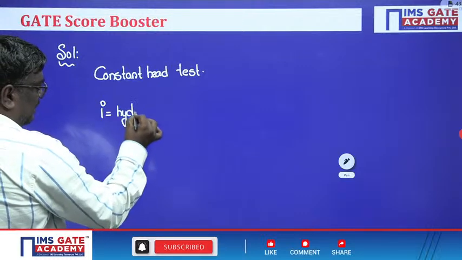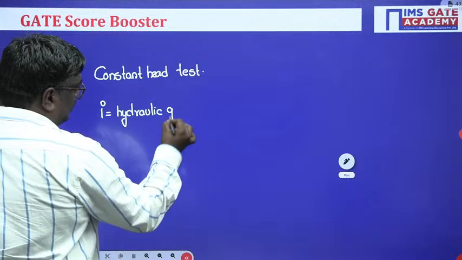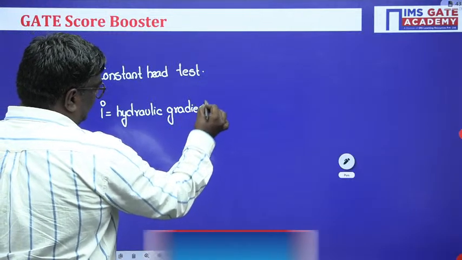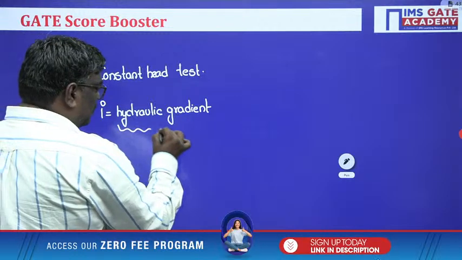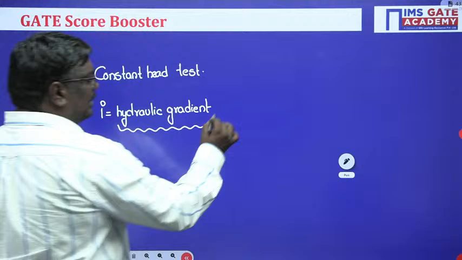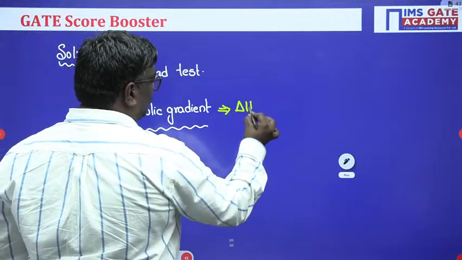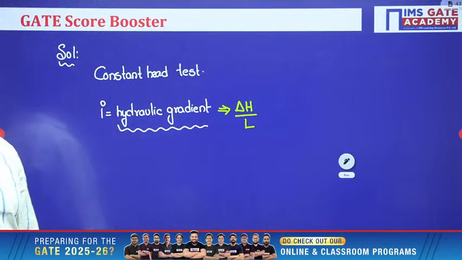So here i, the hydraulic gradient, is equal to delta H upon L.